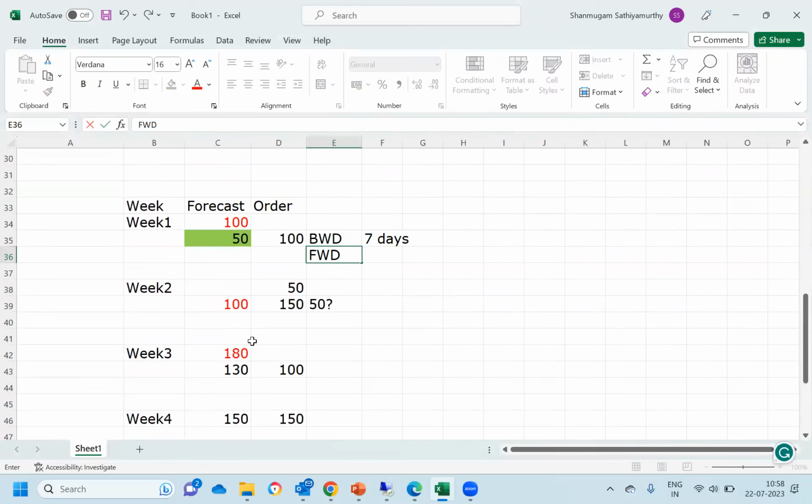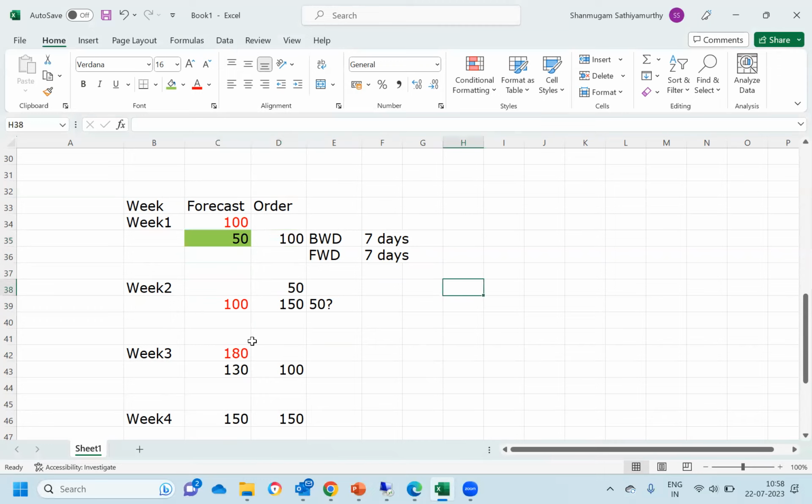My forward consumption was maybe around 7 days again. Which means if I go here, then the system will not go and consume this. If I am going to week 3, then it will not go and consume this, right? Yes, sir. This means what? This 50 will always be there in the system.